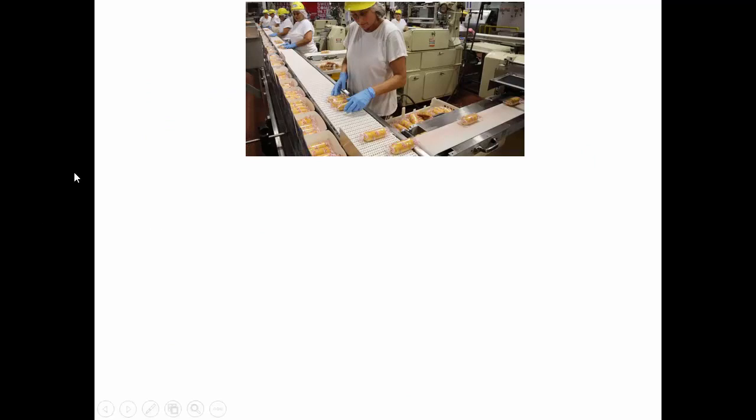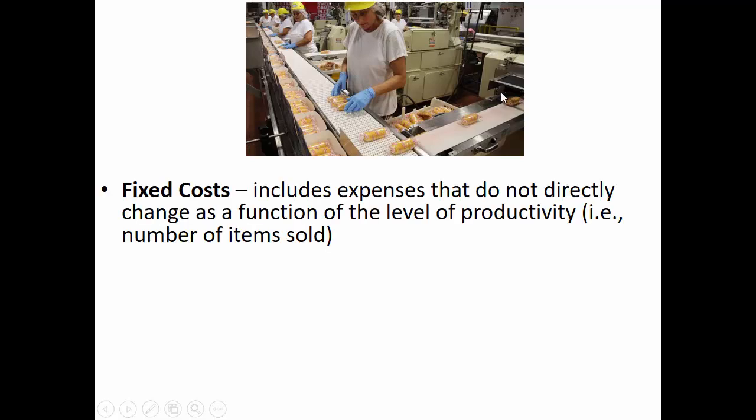All right, so let's take the case of a company that's manufacturing Twinkies as an illustration of some additional terminology. So you can see it's coming off of an assembly line. There's all these machines that are generating Twinkies. Fixed costs, which we've talked about a little bit so far, are those things that don't change depending on how busy you are.